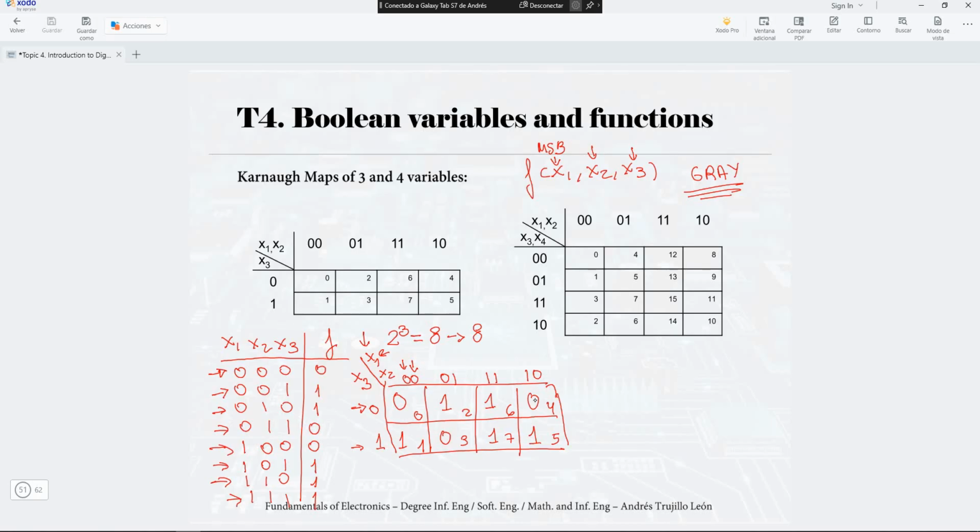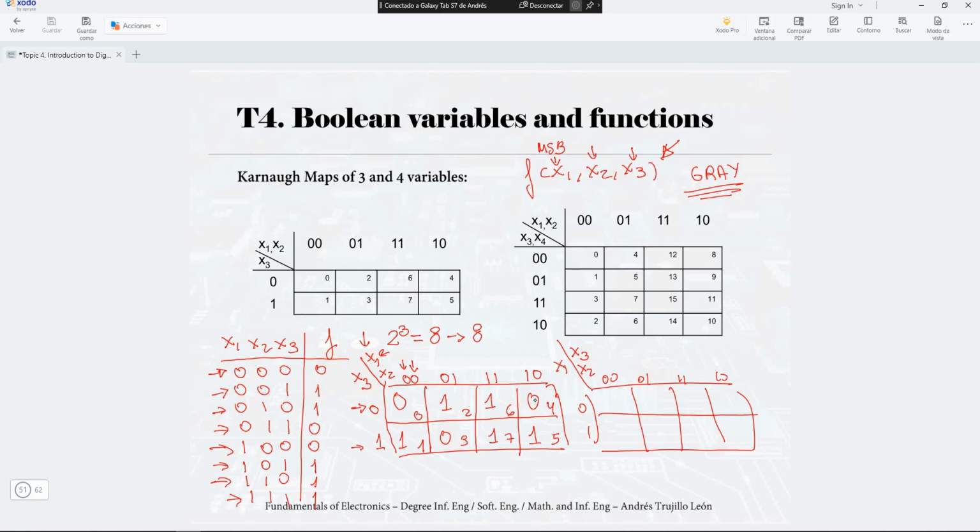If you want, you can make the same Karnaugh map using a different combination here. Instead of using the way of organizing the variables that I recommend, you can, for example, put x3, x2, and x1. But now, making the correspondence between the Karnaugh map and the truth table is going to be a mess.